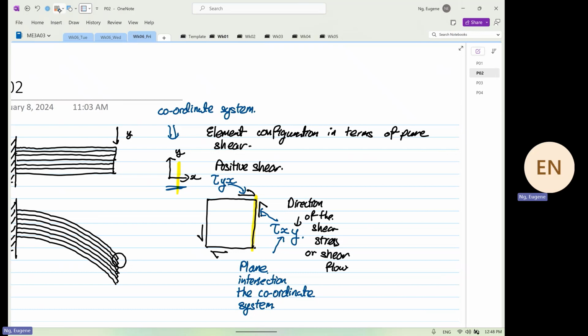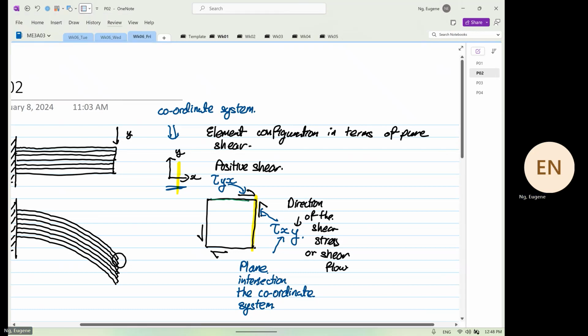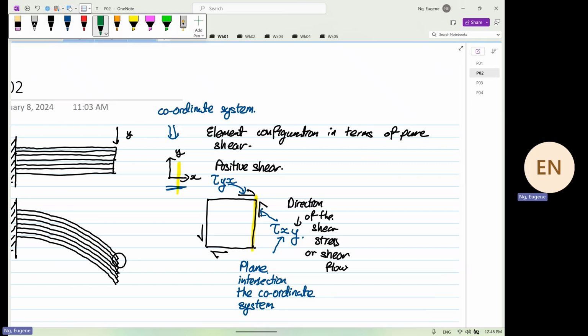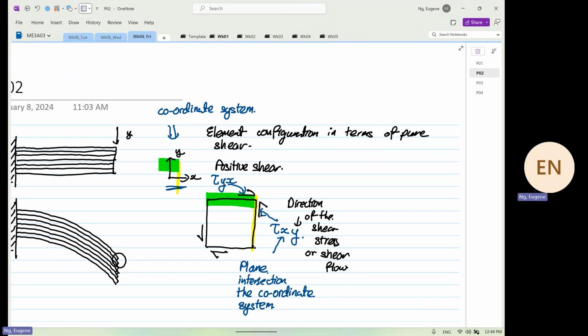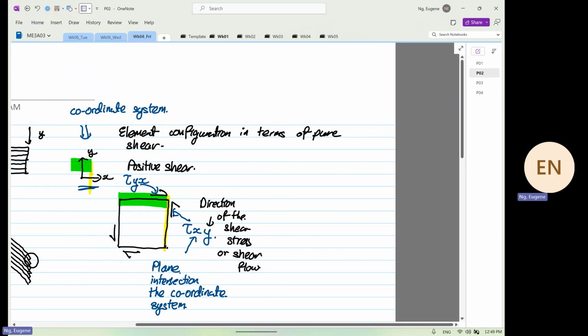So why is that? If I were to highlight this in green, we are looking at this plane now, right? And it will intersect the what? The y-axis. Okay. So for that case, we have positive shear, and then I'm going to sketch out negative shear.